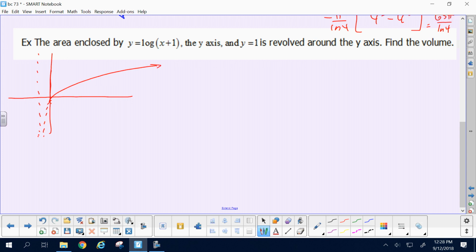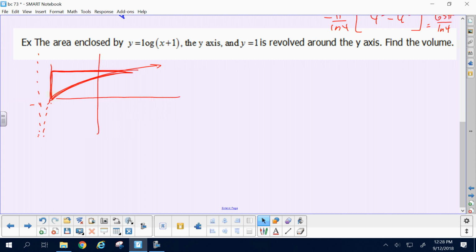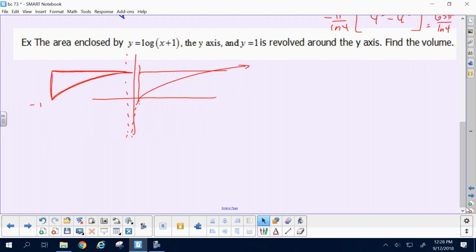Oh, I did it on the other side. Got it. I thought it was on the other side. Watch your language. Drawing confused me.